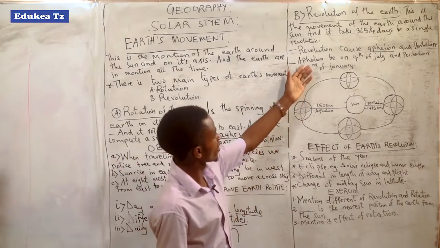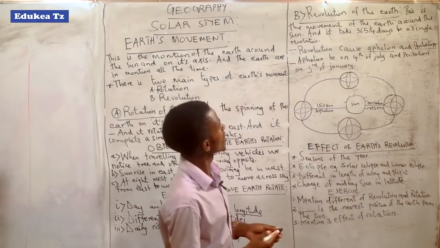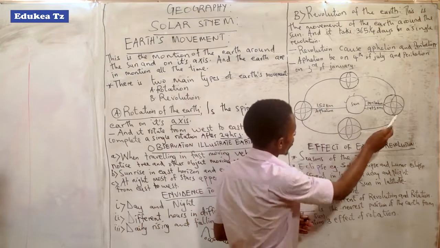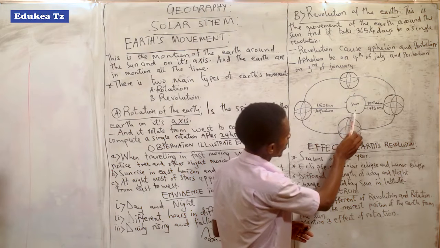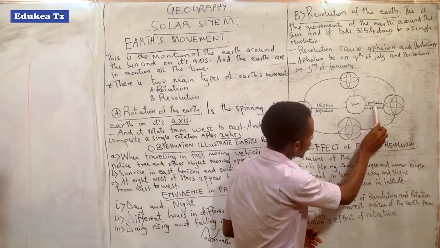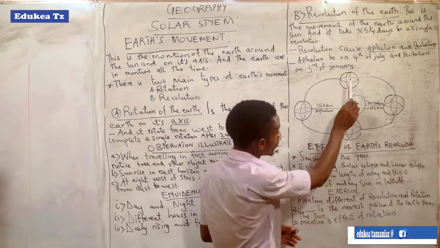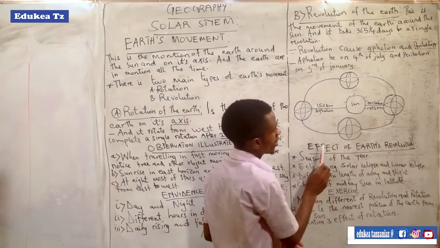Let us look at how revolution causes aphelion and perihelion. As I told you, revolution is the motion of the Earth around the sun. At one time the Earth is near to the sun, and at another time, as it revolves around the sun, it is far from the sun.